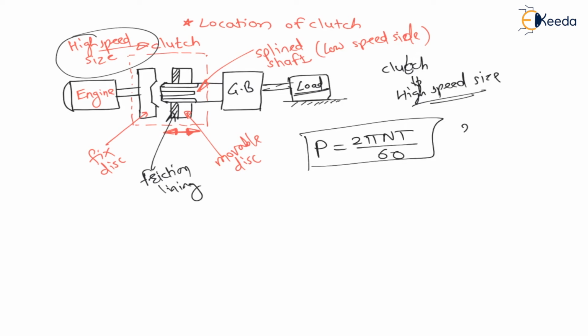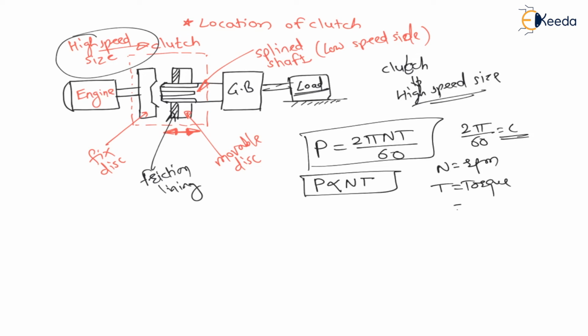Here 2 is constant, pi is constant, and 60 is constant. Therefore power is directly proportional to the product of speed and torque, where n is speed in rpm, revolutions per minute, and T is torque, which is nothing but force into perpendicular radius.